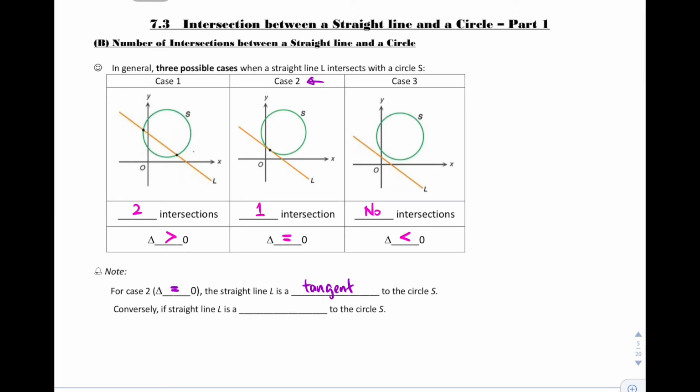Conversely, if a straight line L is a tangent to the circle, when we substitute the straight line L into the circle and get a quadratic equation, then the discriminant of that equation will be equal to 0.